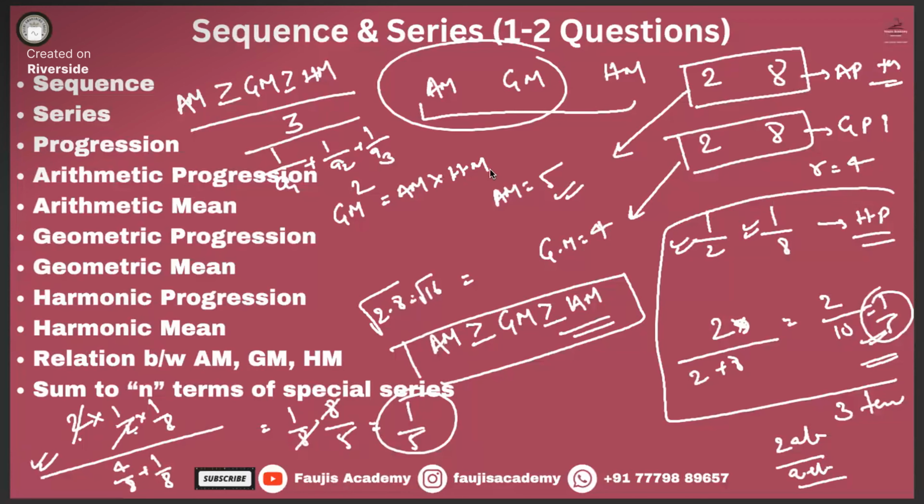So GM square is how much? 16. 16 is equal to AM. AM is how much? 5.